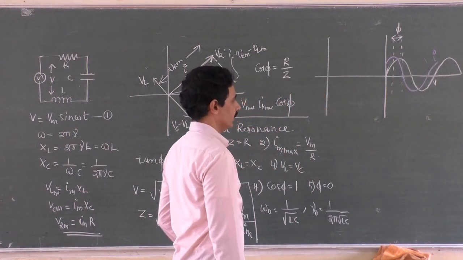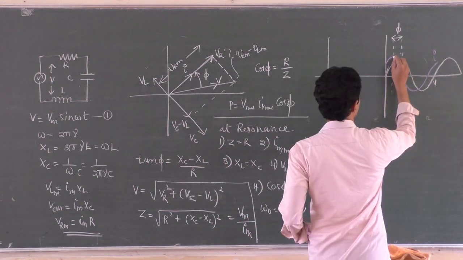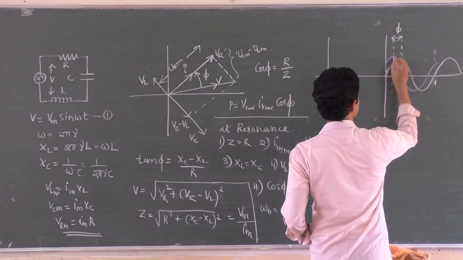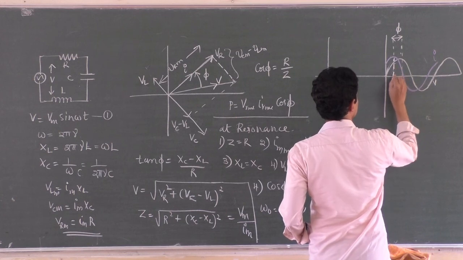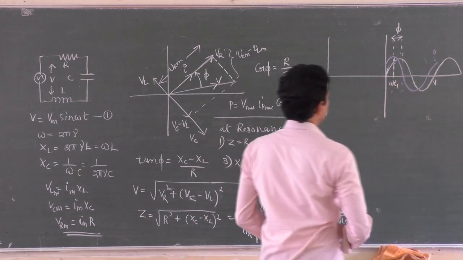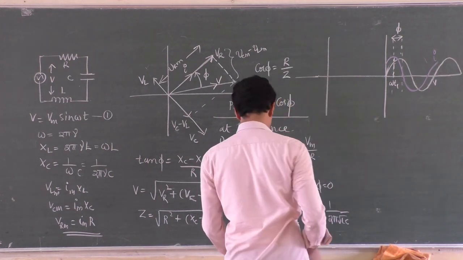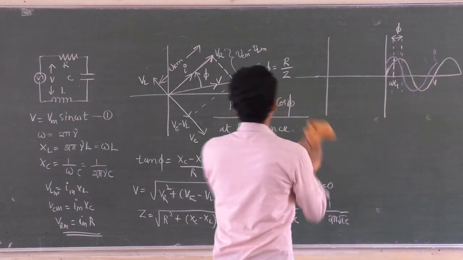And how do you show this now? You drop a line here corresponding to some angle omega t1. Shall I use the same line here? Okay, like this. Omega t1 at certain condition. Current will be leading, so you have to get the equation for current somewhere else.